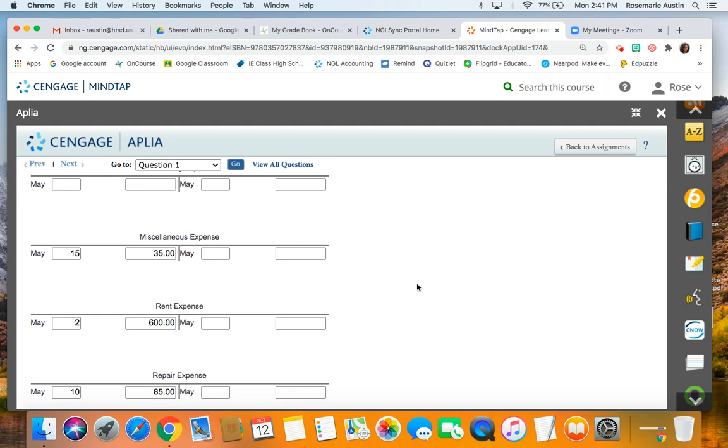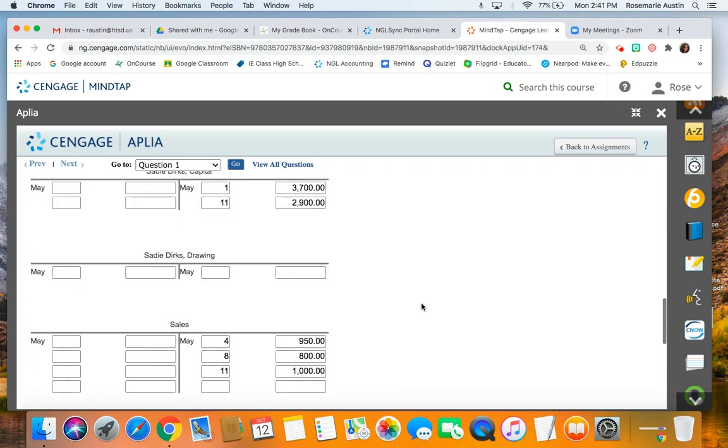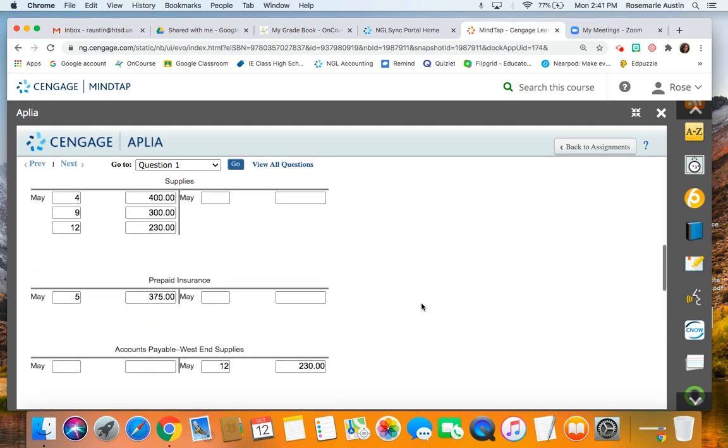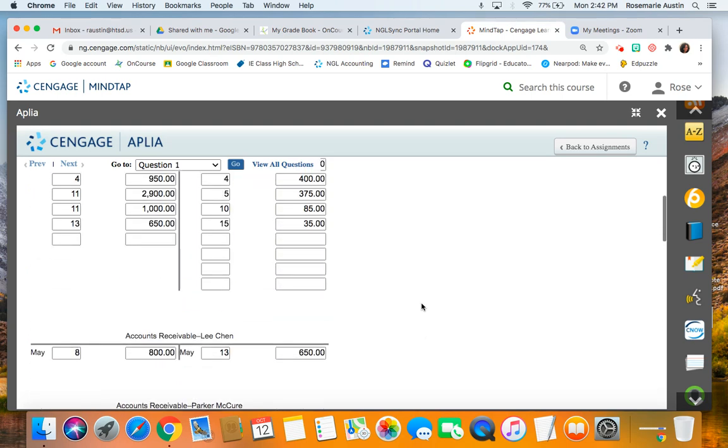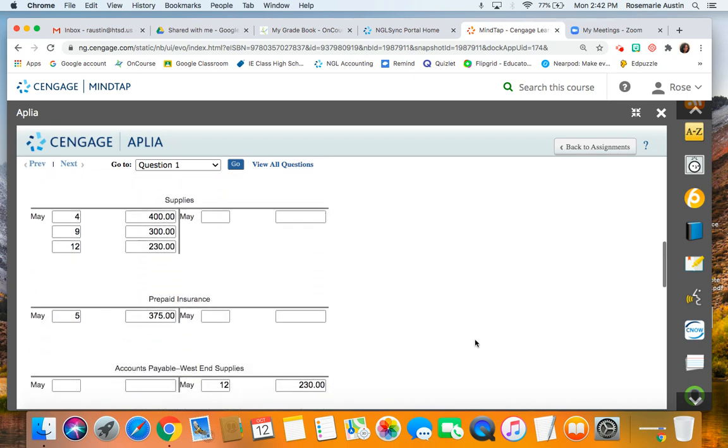Okay. All right. The next one is May 16th. Paid cash on account to Sullivan Supplies, $60. So if we're paying cash out, we know cash is going down, all right? And that's a credit entry. So let's go all the way up here to the cash account. I'm going to insert May 16th, all right? And we paid $60 to Sullivan Supplies, which is an account payable somewhere down here.